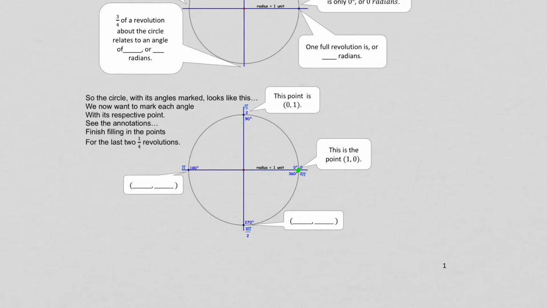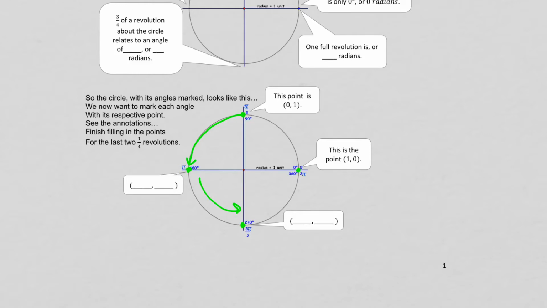And then the next 90 degrees or pi over 2 is at the point 0, 1. So if we go another pi over 2, the question is, what is this point? Okay, what is this point right here?